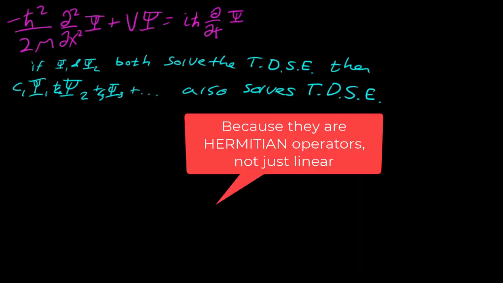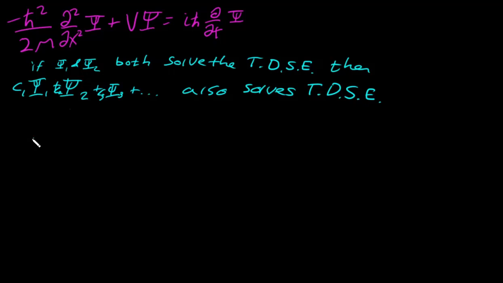And therefore, the general solution to the time-dependent Schrodinger equation will be a sum of the separable solutions.